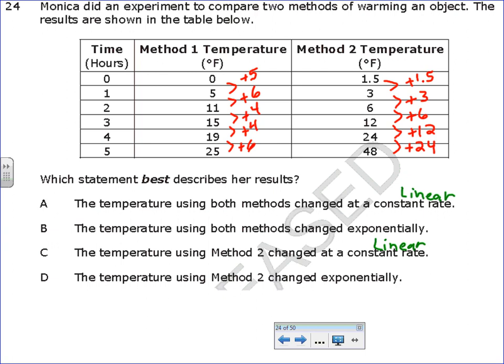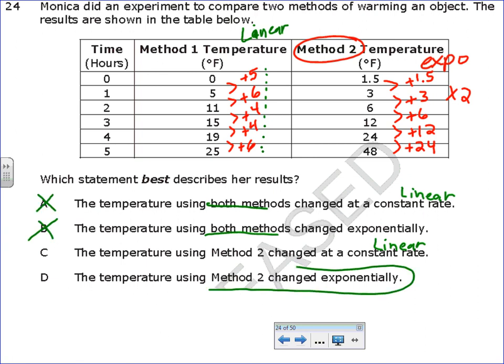It's doing what? Multiplying by 2. So method 2 is exponential. Now this one's not perfect, but it is adding about the same amount each time. So this is almost linear. So when it says that they're both the same, that's obviously not true. Method 2 is exponential.